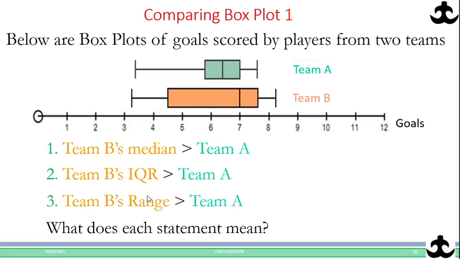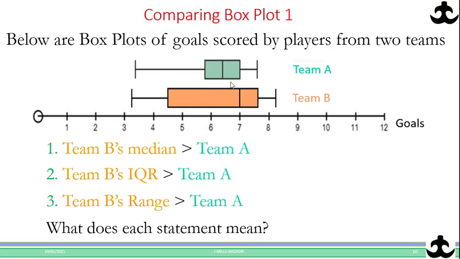You can also see that the range of B is bigger than the range of A. So you can see every aspect that we see here: median, interquartile range, and range of B is bigger than A. Okay, so this is just a statement that we just made.